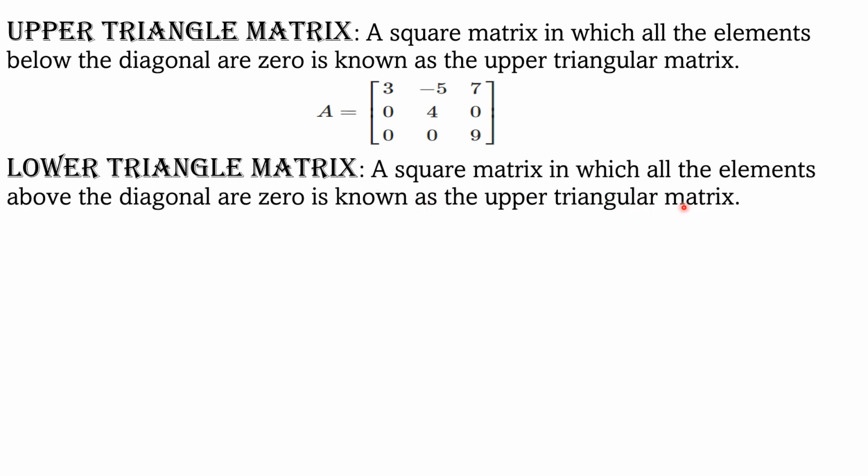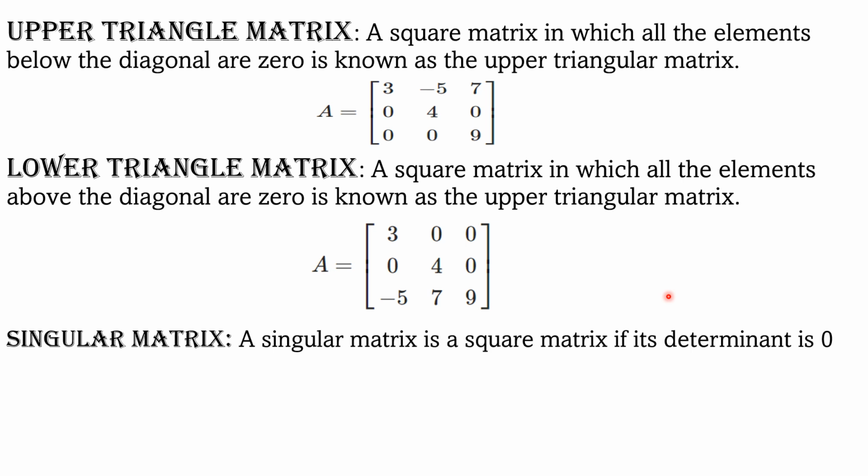A square matrix in which all the elements above the diagonal are 0 is known as a lower triangular matrix. For example, you see this is the diagonal we are getting starting from here. So above the diagonal, all the non-diagonal elements will be equal to 0. Understood? Okay, let's move to the next one.